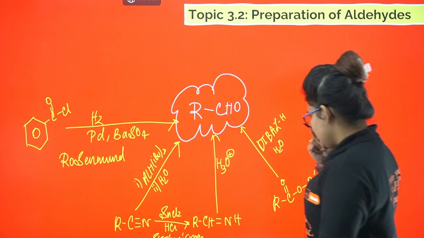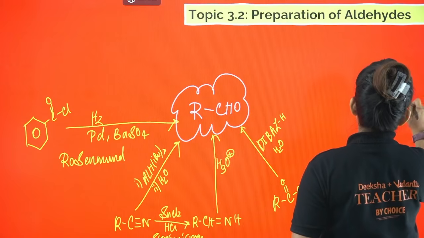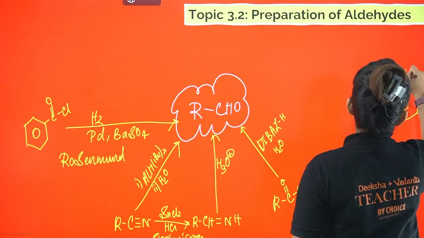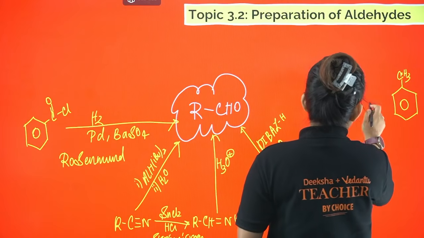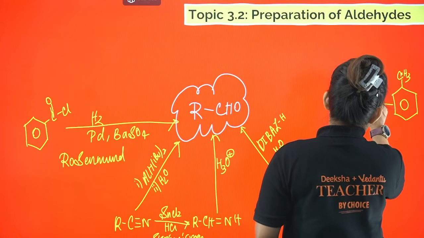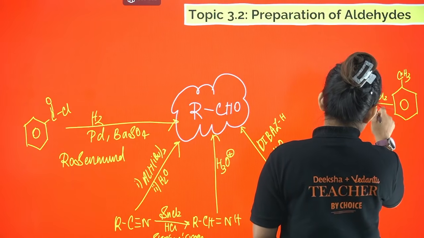Let's do them. First we will proceed with the Etard reaction, the oxidation of methyl benzene. Let's start with the methyl benzene, having CH3. I have to give chromyl chloride. Please remember the reagent, that is CrO2Cl2 in presence of carbon disulfide media.